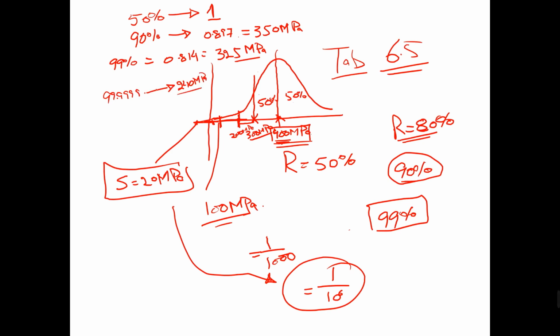And again moving to more nines, the factor is reducing. It means that if the strength is, let's say, 400 MPa, it has to be almost 240 MPa, so that in 100,000 parts, one part may fail. That is reliability.